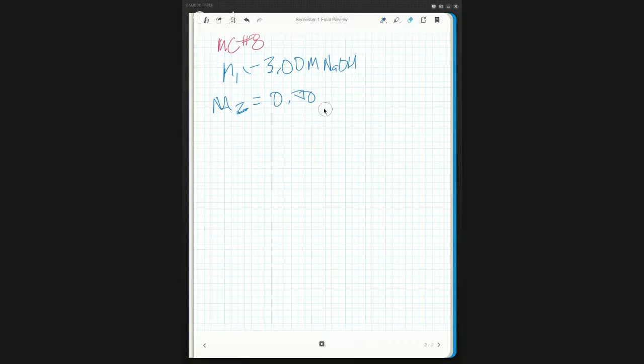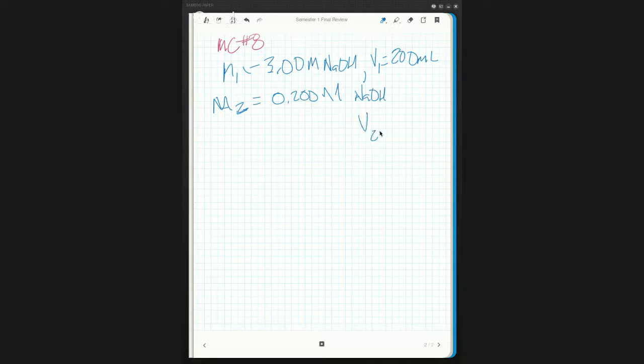I'm getting frustrated. Let's try this again. 0.200 molar NaOH. And the initial volume, V1, is equal to 20.0 milliliters.